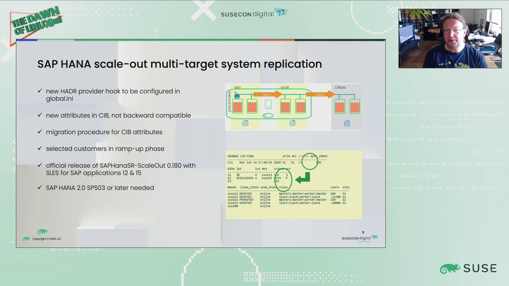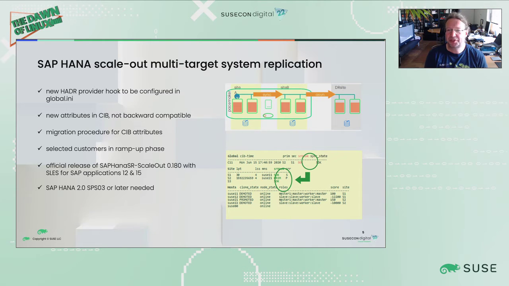So when we now talk about the scale-out multi-target replication that we've been working on, this is something we saw in the past, and we also saw a customer here that overlooked the fine print in the documentation a little bit.